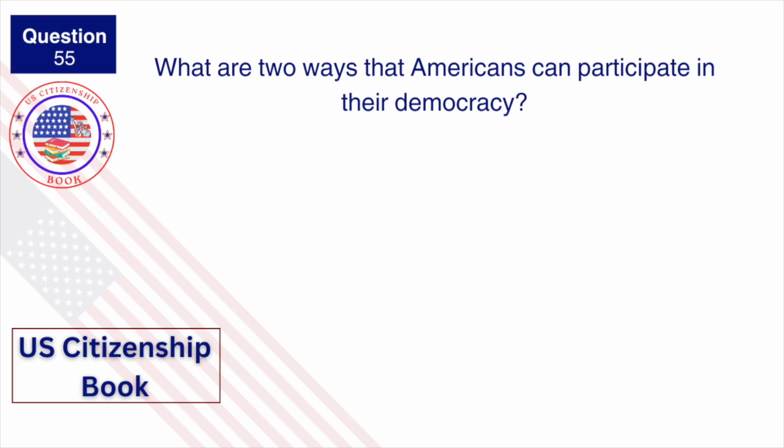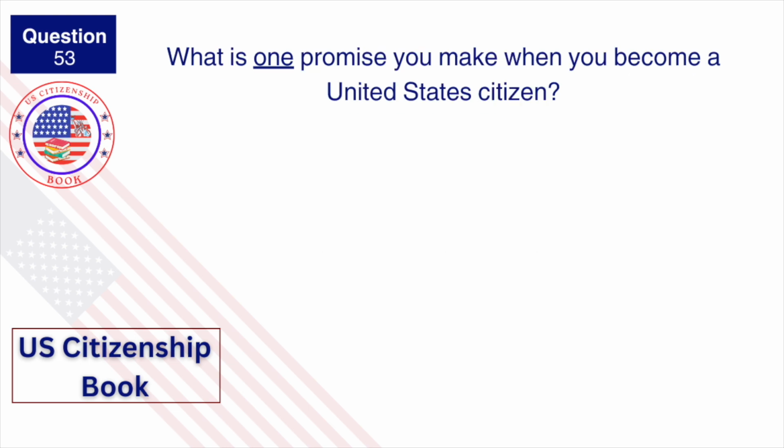What are two ways that Americans can participate in their democracy? Vote. Join a political party. What is one promise you make when you become a United States citizen?